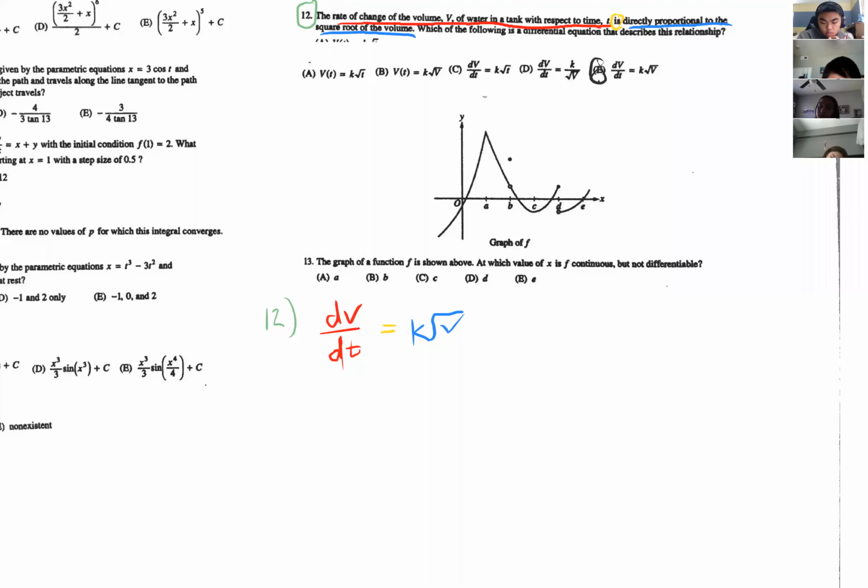Okay, other questions here. Anything else on 1 through 13?